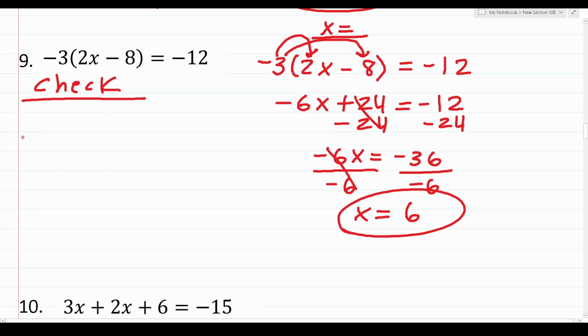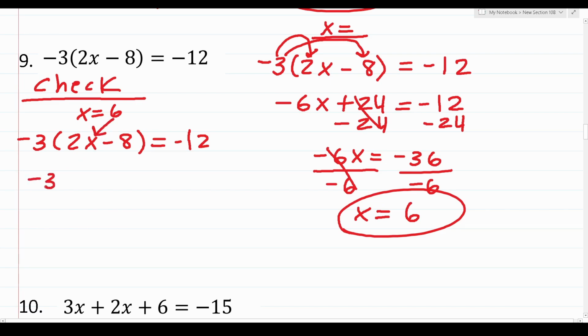Again, our original equation was negative 3 times 2x minus 8 in parentheses equals negative 12. And we figured out that x has to equal 6. So in place of x in our equation, we'll go ahead and plug in 6.